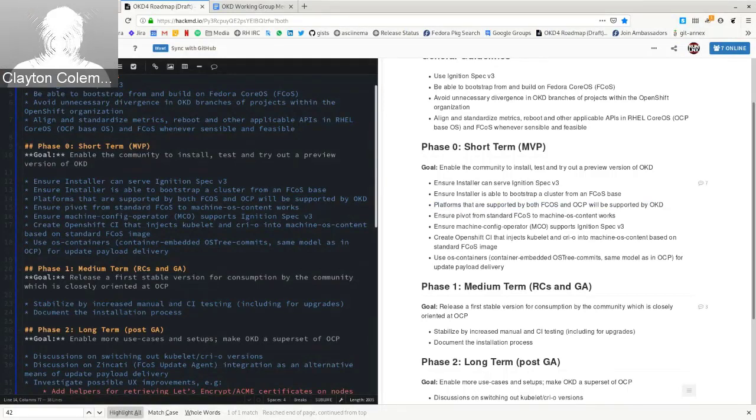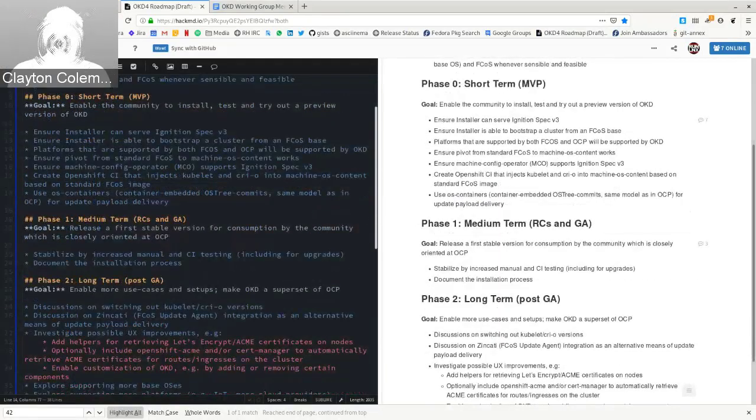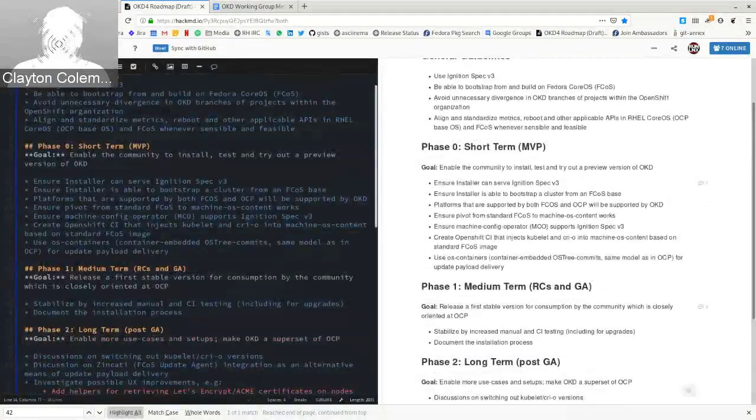So maybe we put that in a later phase. I'm a little concerned. I think we need a sustainable technical approach for that as well. Either we put it in as a possible candidate item for medium term. I agree it's very useful. It's just that most people are not going to be able to use it if they don't have a way to run it locally. That's the biggest problem.